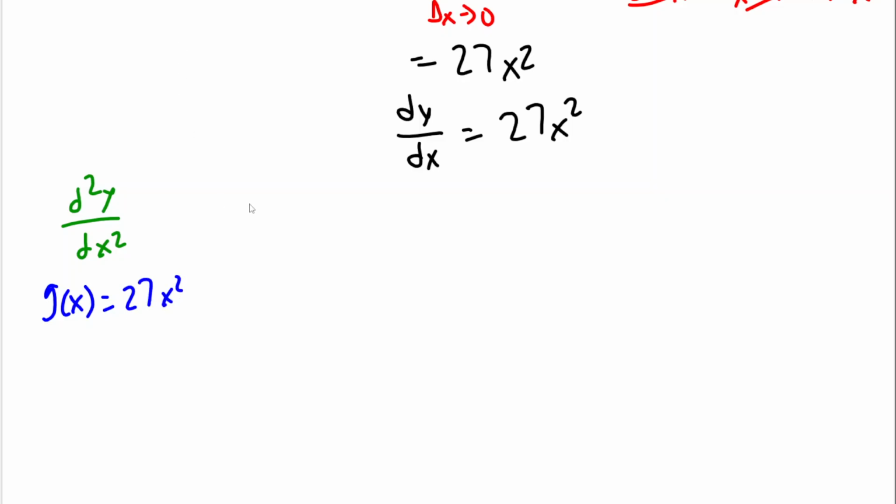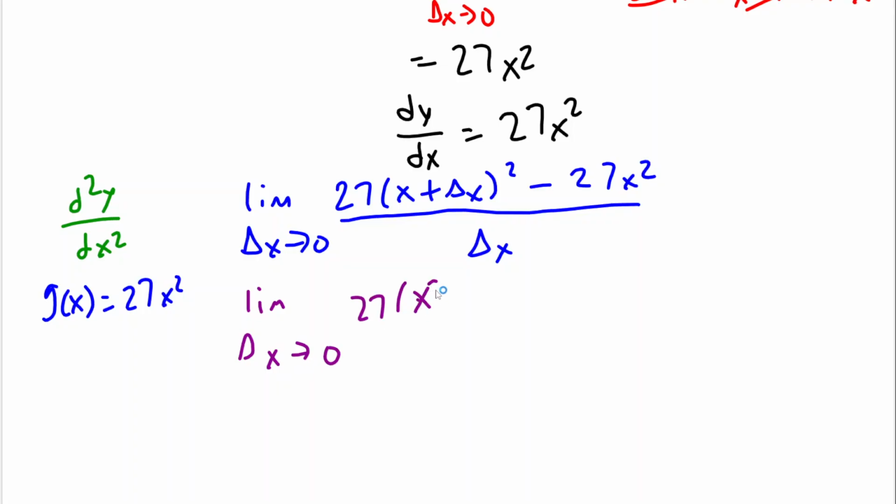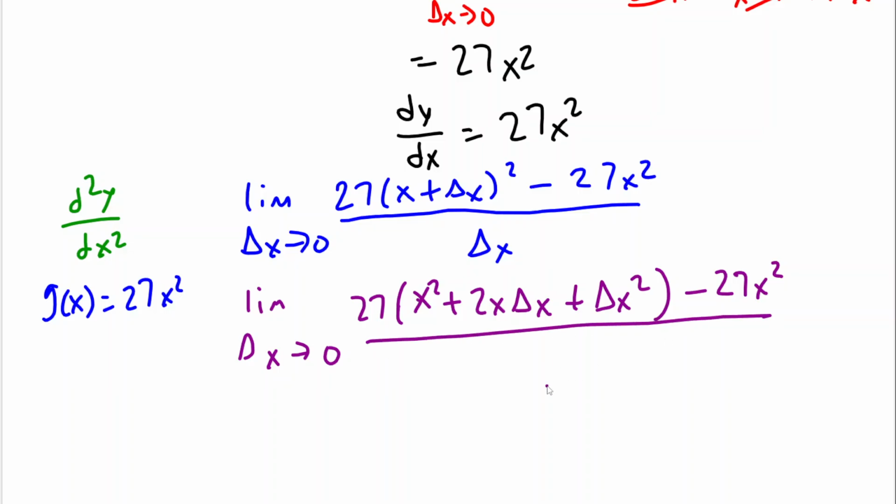Again, function notation still, so we can just do the limit as delta x approaches 0 of g of (x plus delta x), which is just 27 times (x plus delta x) squared, minus 27x squared all over delta x. So then this will be the limit as delta x approaches 0 of 27 times (x squared plus 2x delta x plus delta x squared) minus 27x squared over delta x.